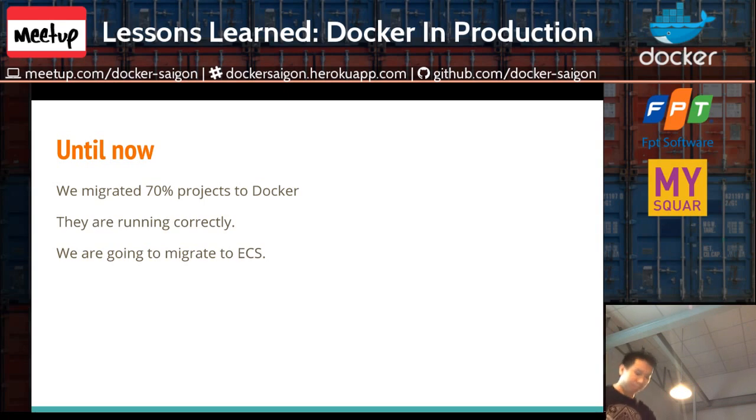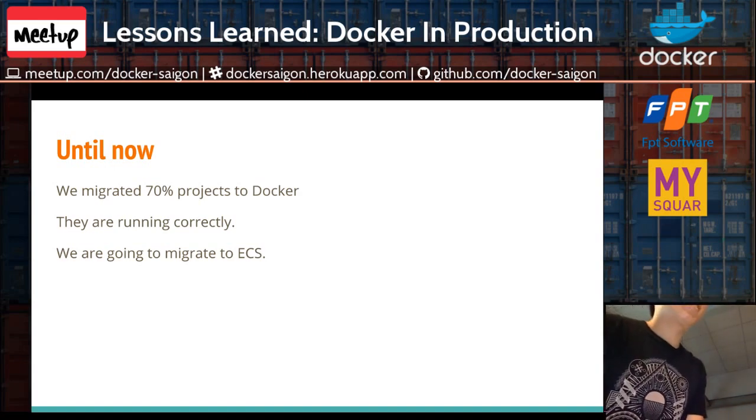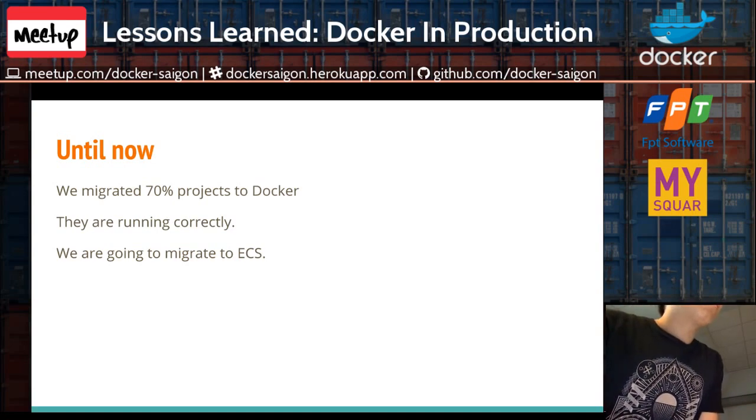Still 30% remaining to do. Still 30% of projects not migrated to Docker. If you have any difficulties with the remaining projects, yes, maybe we will migrate to ECS also.